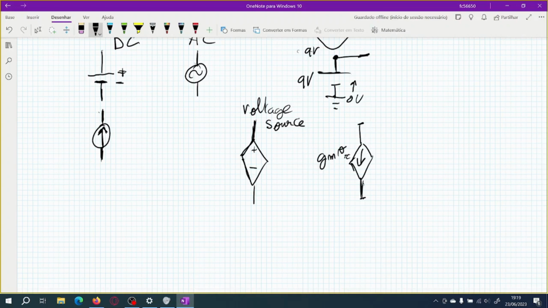And when you have a current source, which in reality is hard to have but in circuits might appear to simplify some calculations, you know that in that branch of the circuit you will always have the same current.